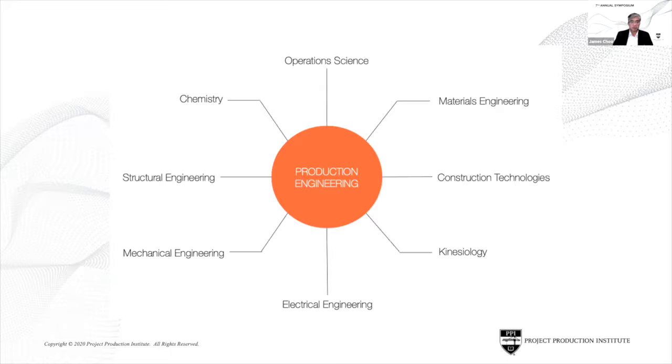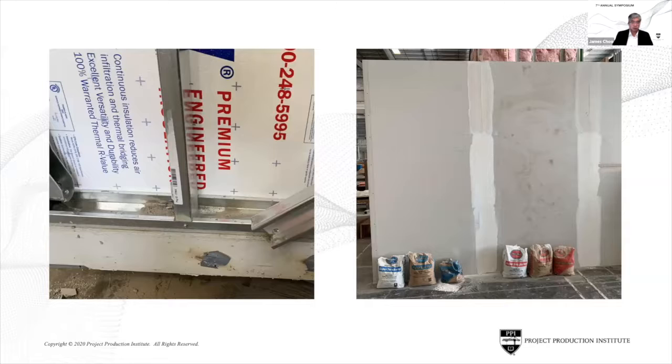It could be chemistry, structural engineering, mechanical engineering, electrical engineering, kinesiology, construction technology, material engineering. And we have a couple of pictures that tell us how they're solving some of these issues or opportunities, if you would. Let's talk a little bit about this.